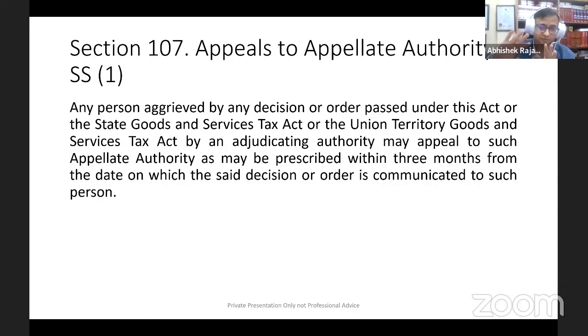But 75.4 is for demand and recovery. So when there is a demand and recovery and an adverse order has to be passed against you, a personal hearing is a must. So the department has to provide you personal hearing. Whether you appear on the personal hearing or not, whether you take the benefit of it or not, they have to provide it.